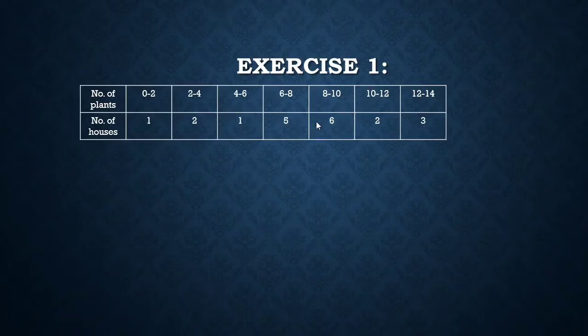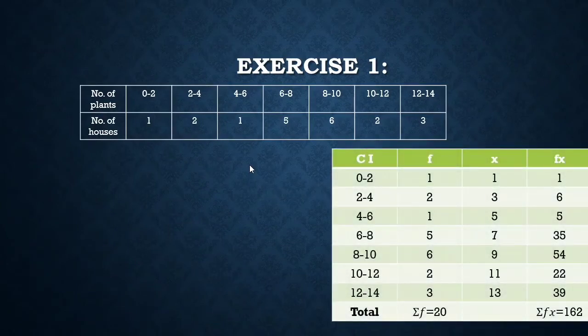Find the mean number per house. So here the students have collected data as a part of their project and arranged them neatly in the frequency distribution table. So now our job is to calculate the mean of this data.